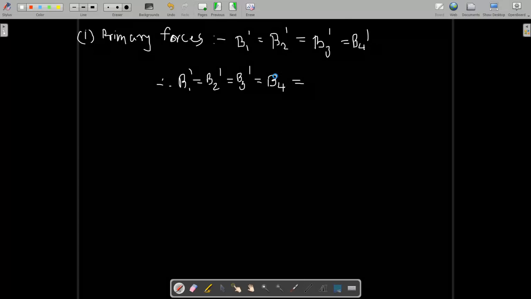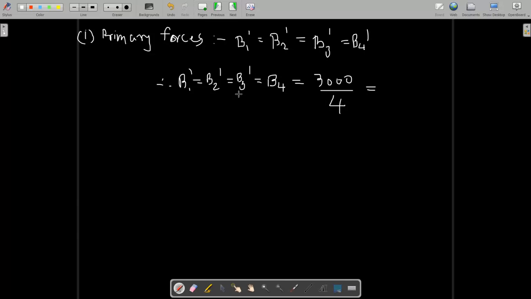That is 3 kilonewton, so 3000 Newton divided by 4, because this primary force will act in a similar manner, having the same magnitude in all the bolts, that is 750 Newton.